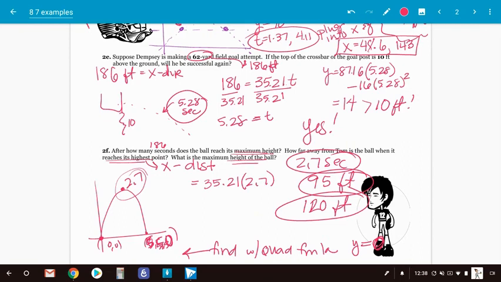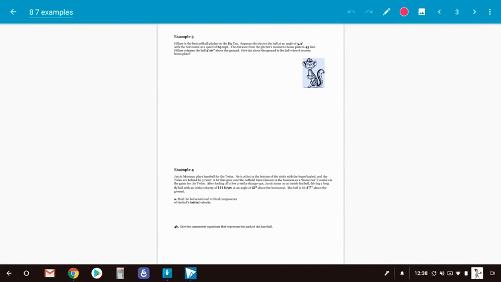I'm just going to write a note here without doing these for you. You make two equations: x in terms of t and y in terms of t. And this will always have the minus 16t squared as long as you're working in feet.